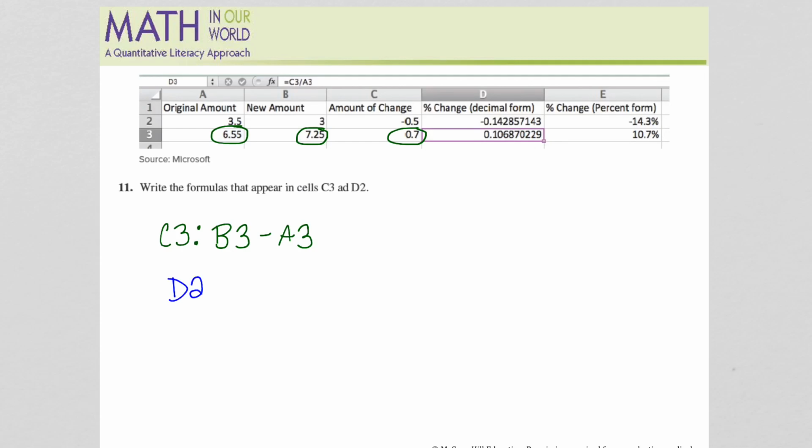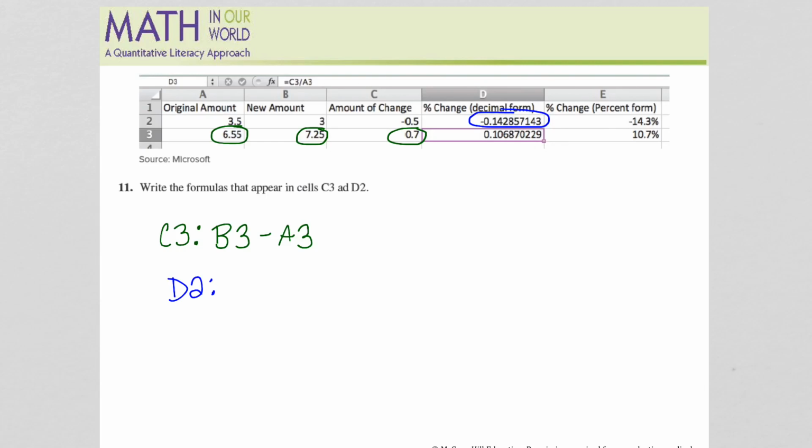To get D2, here is D2. What do we think might have happened? Well, if we try some things out, if you look at C2, a decimal percent change would be the amount of the change, so new minus original, over the original.